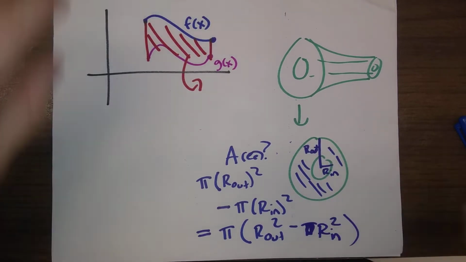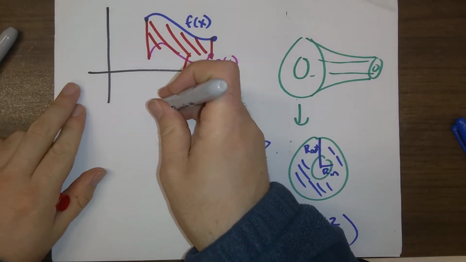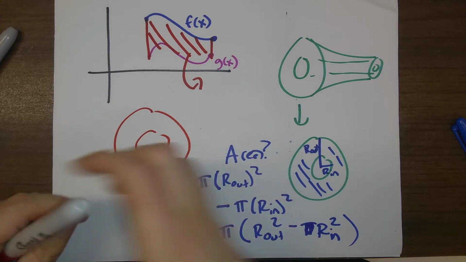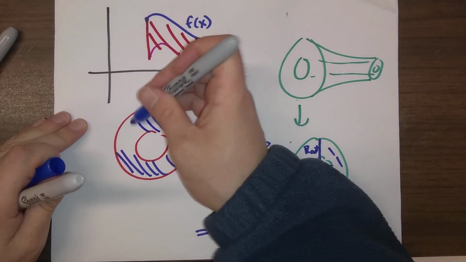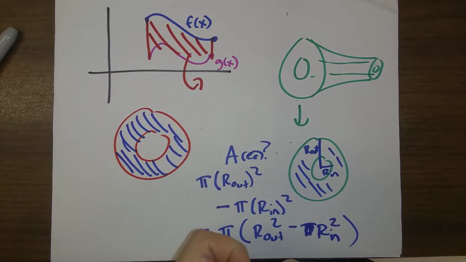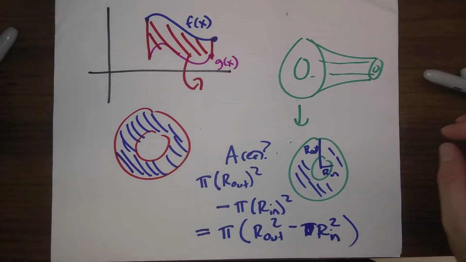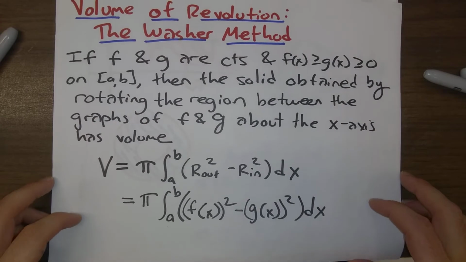So this shape, let me just draw it one more time. We have different colors here. It's the region that is inside one circle and outside another circle. This is commonly called a washer.